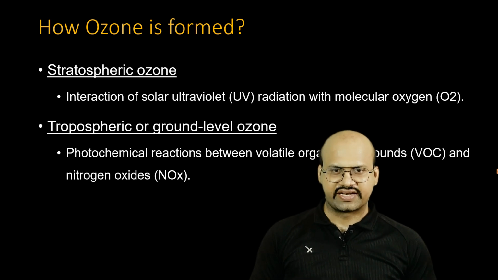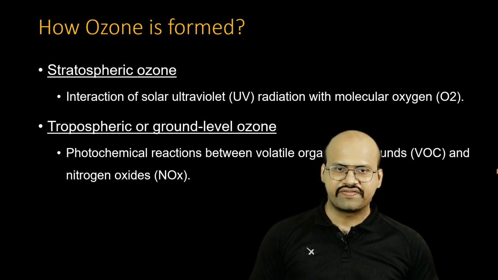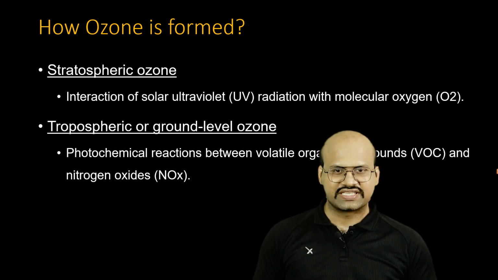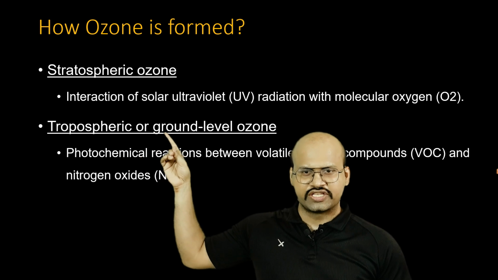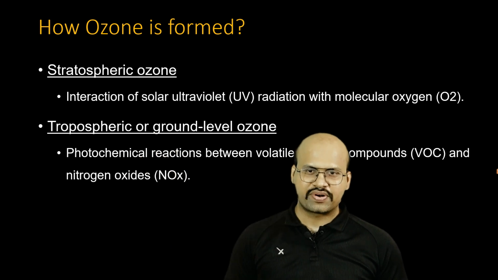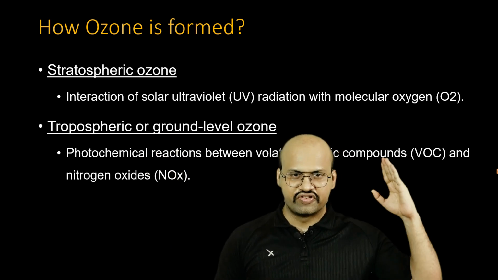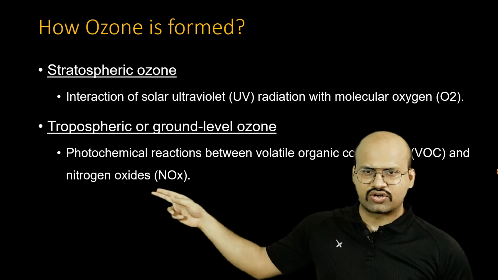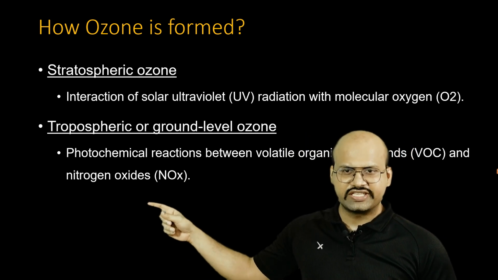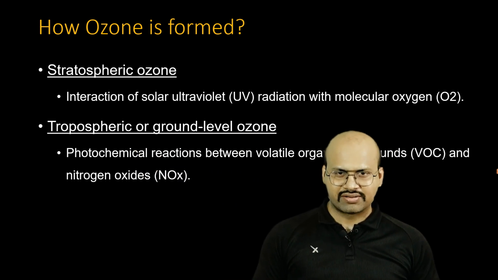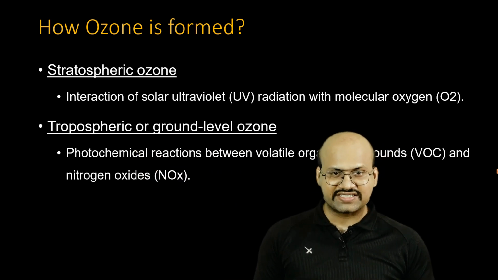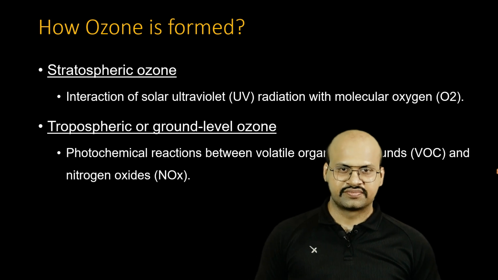This oxygen ion combines with an oxygen molecule to give ozone. We will see this process in detail in coming slides. Tropospheric ozone is formed by reactions between two primary pollutants, VOC and nitrogen oxides, and it is the reaction of these pollutants that gives rise to ozone in the troposphere. Remember, ozone in the troposphere acts as a pollutant.